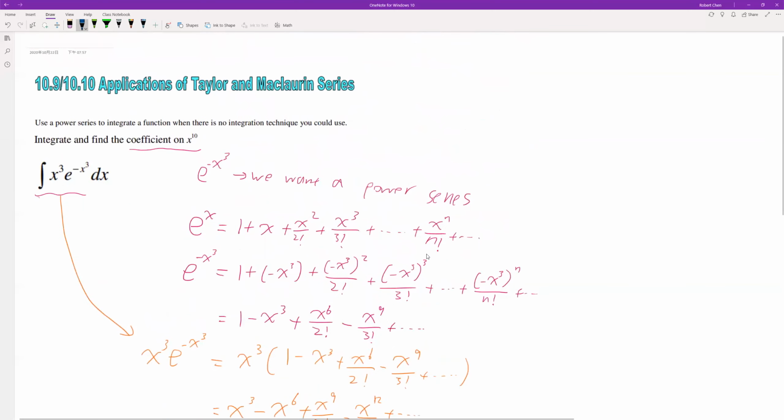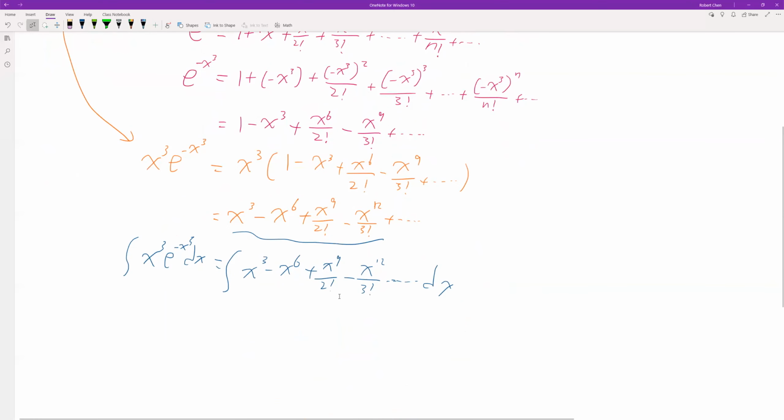Notice that the question is asking us to find the coefficient on x to the power of 10 after integration. So really, we just need to focus on the terms that will give us x to the power of 10. But for the sake of this example, let's just integrate the first 4 terms.